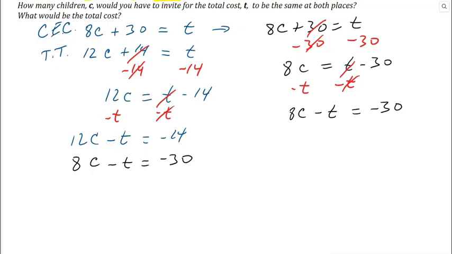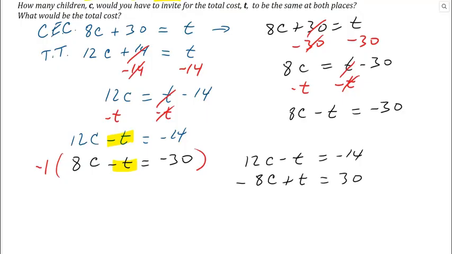Now, I have decided I want to get rid of the variable T, but you can see that they're both negative, so one of them has to be turned into positive. So I'm going to change everything in the second equation. I'm going to multiply by negative 1, and when I do that, those will all change to their opposites. So the top equation is still 12C minus T equals negative 14, but the bottom equation will now be negative 8C plus T equals positive 30.